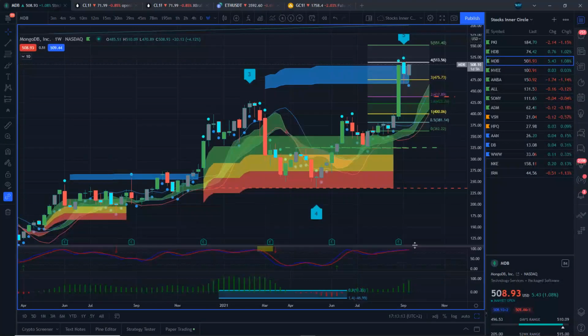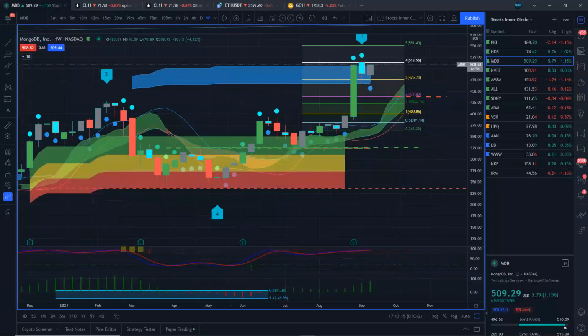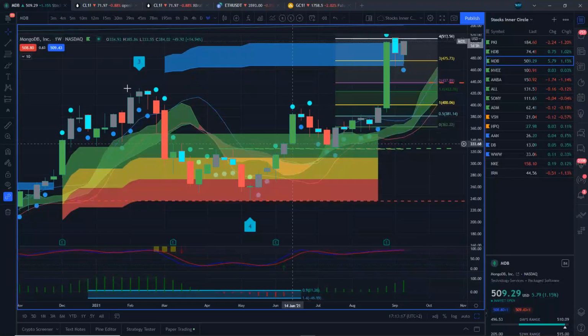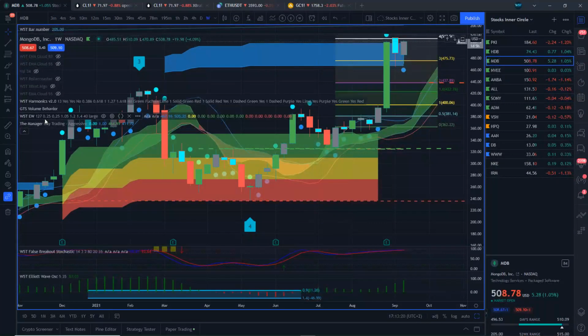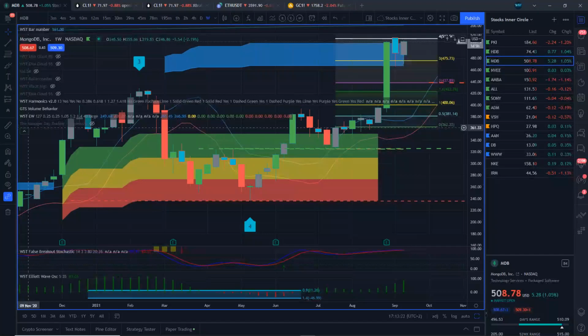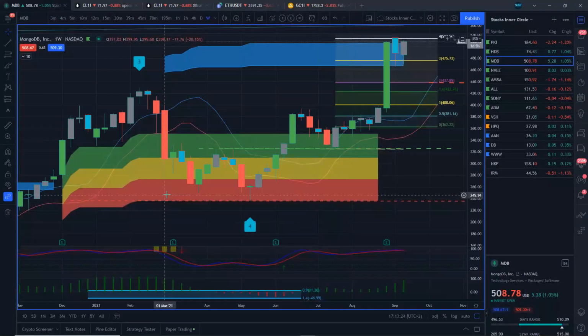So what do we look for? Entry strategies. One of the entry strategies that we look for, I'm just going to take the manager off here a second. Okay. So one of the things we look for, we've got what we call a 6-4 moving average high here in blue, and we've got a 6-4 moving average low here in red.